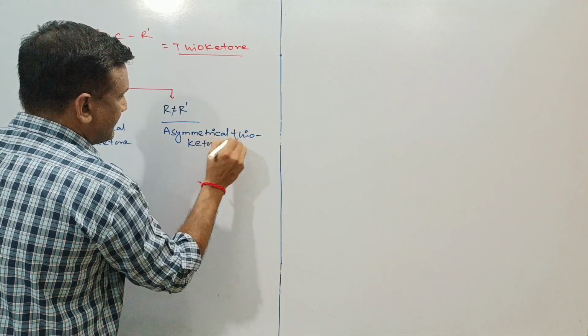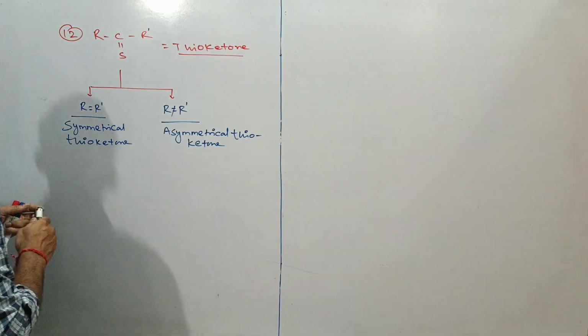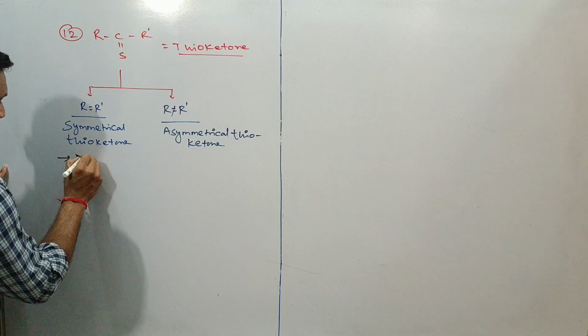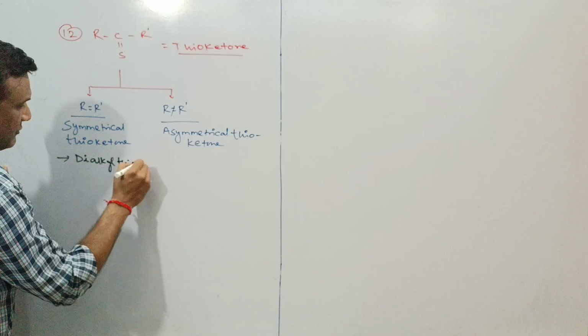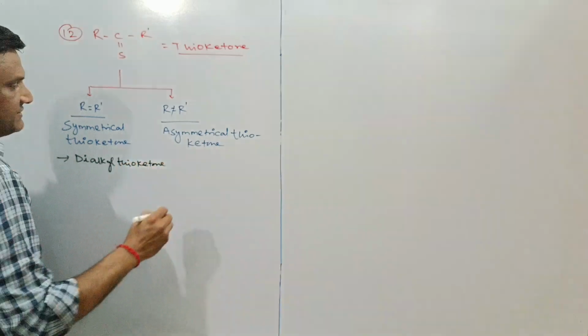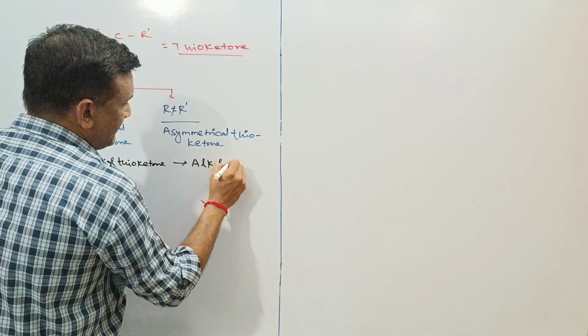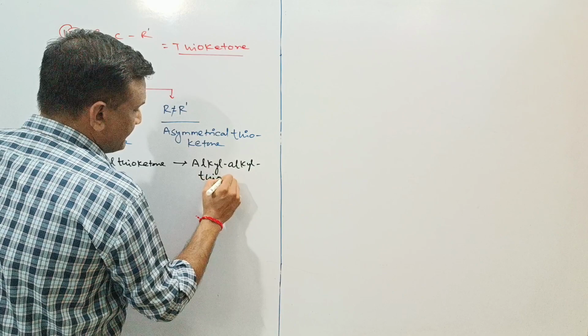For the symmetrical, we use dialkyl thioketone. This will be alphabetically alkyl thioketone.